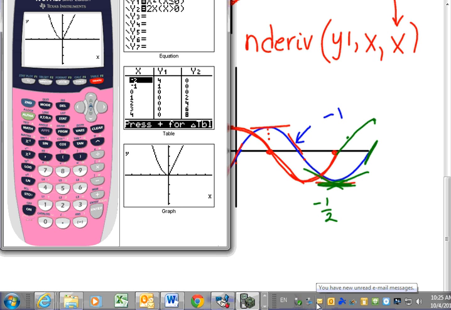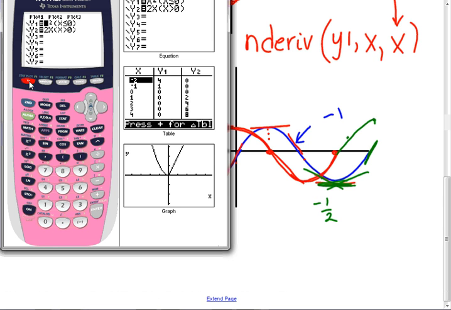Okay, so let's go back and graph y equals. Let's clear that out. Remember the lab equation? Might as well start with that one. It was x cubed minus 6x plus 3.